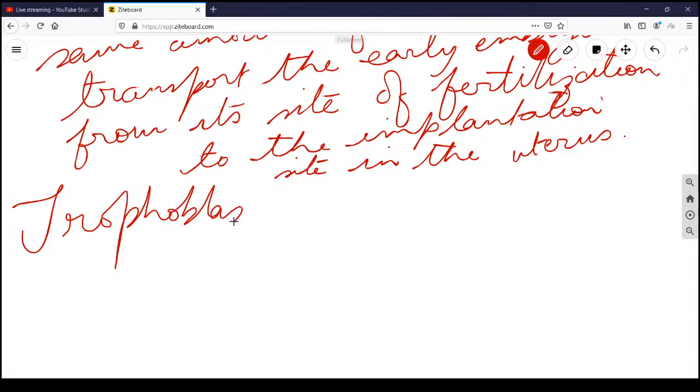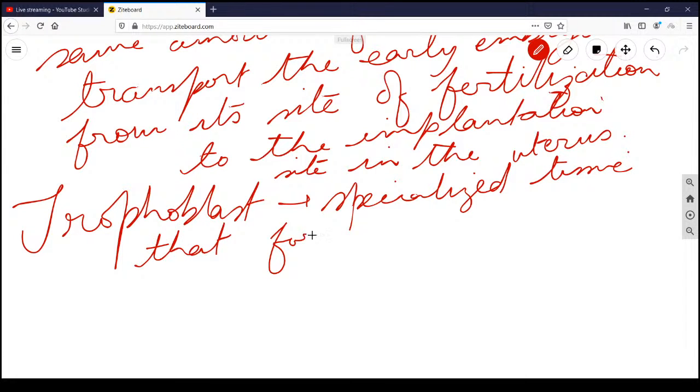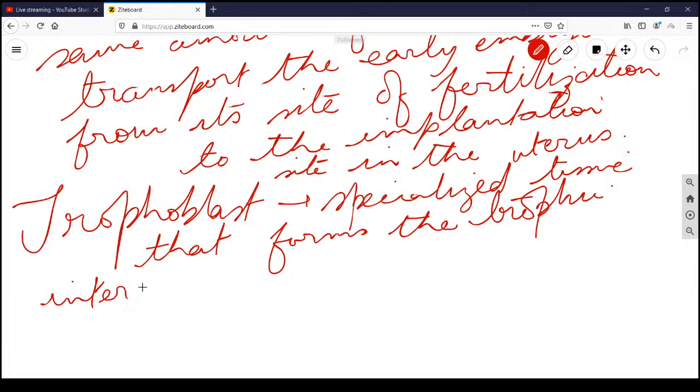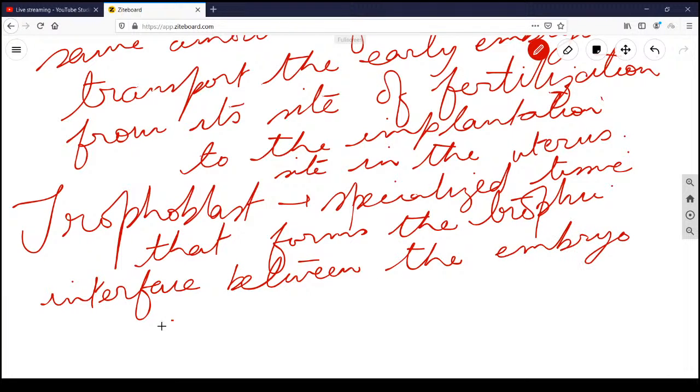The trophoblast is the specialized tissue from which the placenta develops, and it forms the trophic interface between the embryo and the mother. That is the primary work of the trophoblast.